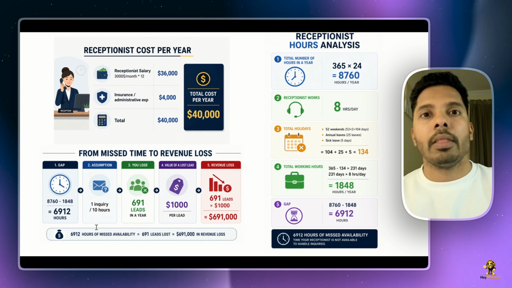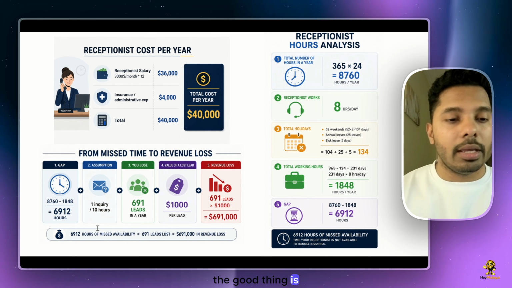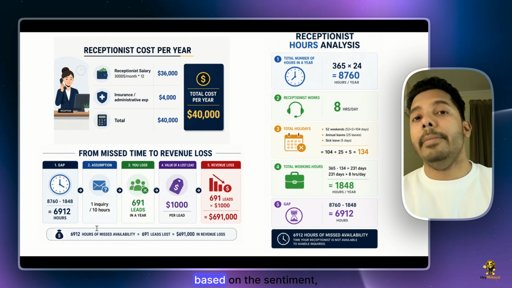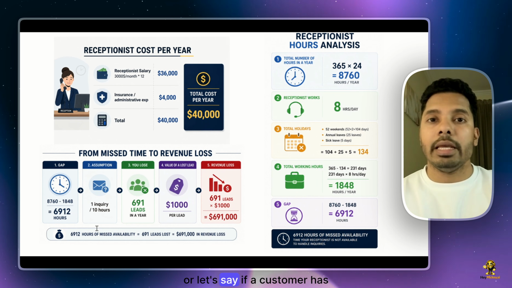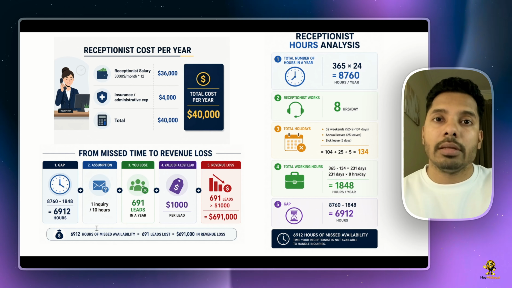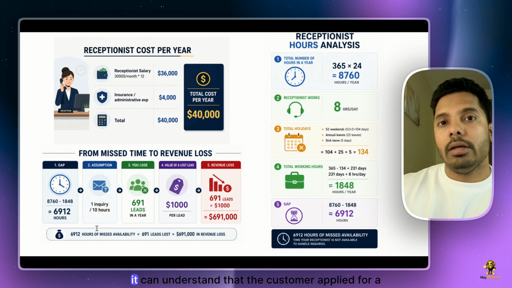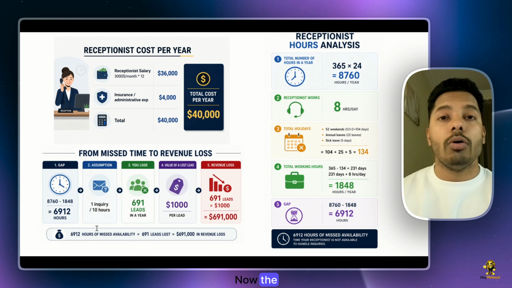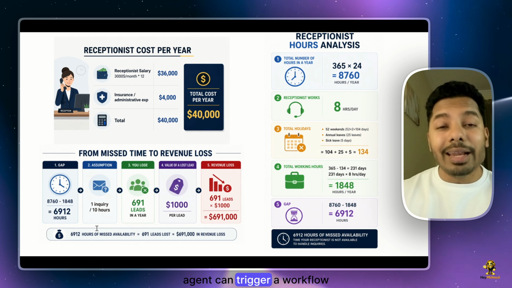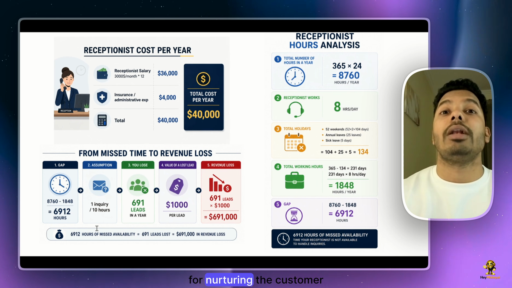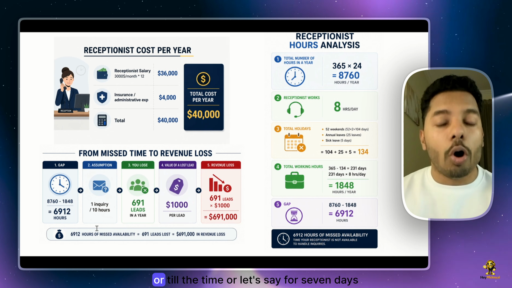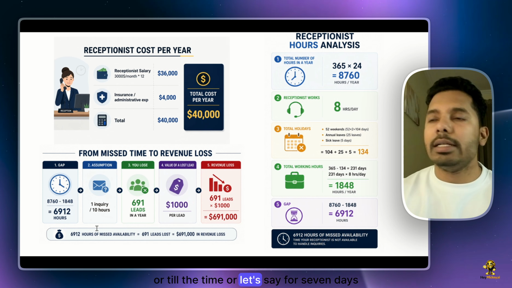Now, the good thing is that after the call is finished, based on the sentiment, or if a customer has applied for a credit card, the AI agent can understand that and trigger a workflow for nurturing the customer till the meeting happens, or let's say for 7 days.